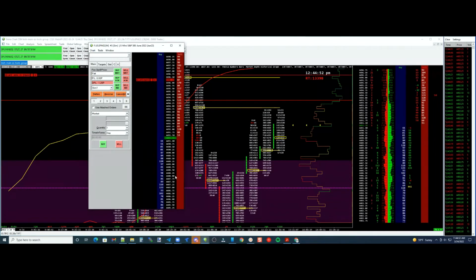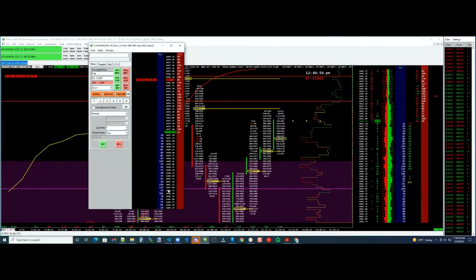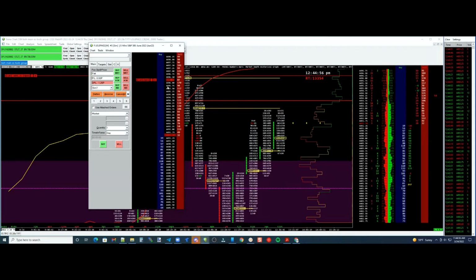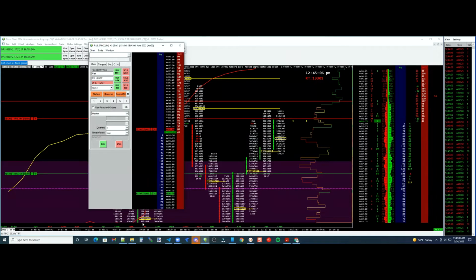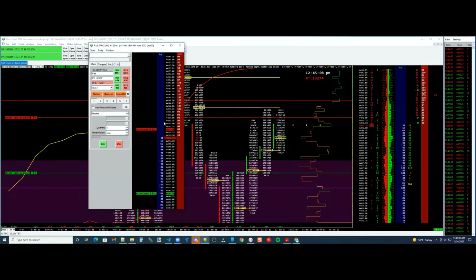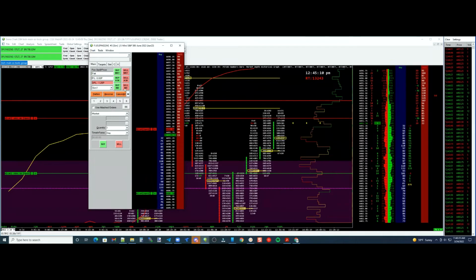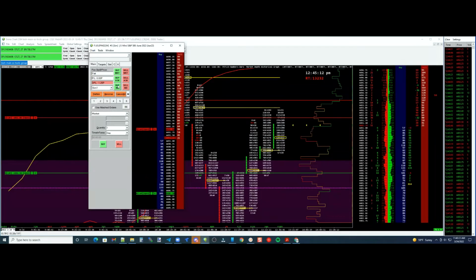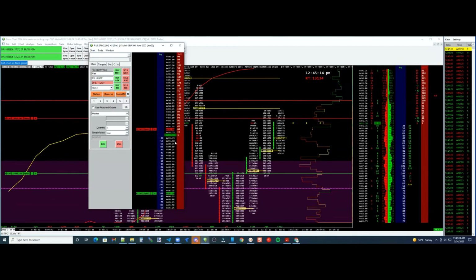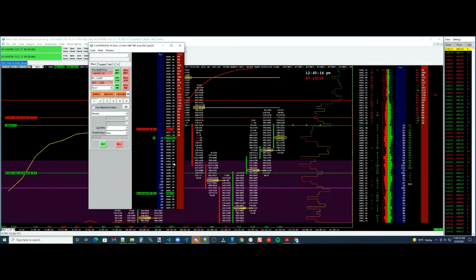And then if I come down here and say, look, I want to get filled in right here, and then come down here and say I want my profit take to be right here. So you can click into this, and you don't necessarily have to use the trade window for that. Now, you can right click and it'll automatically put you in.